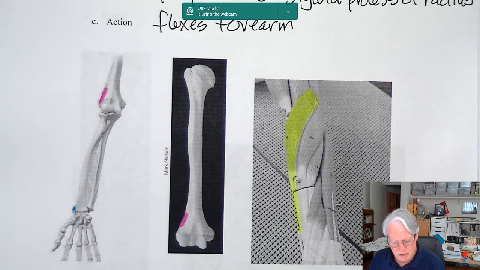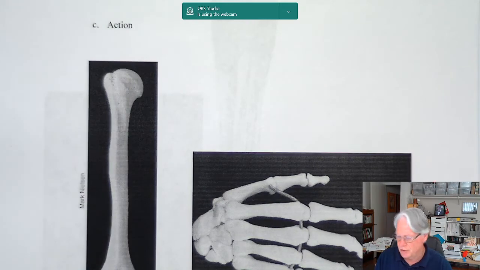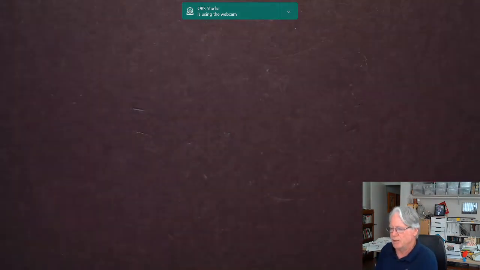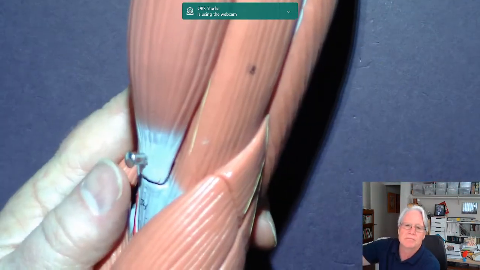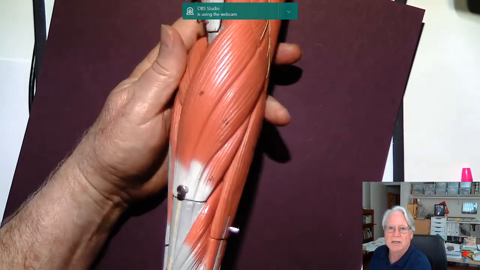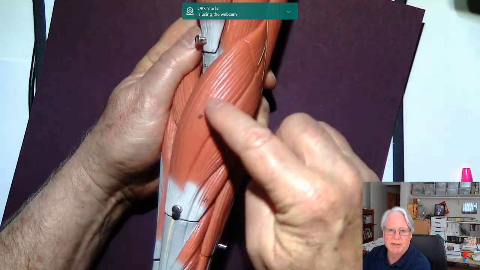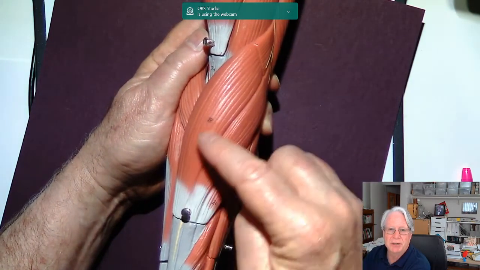Okey dokey. Let's move on. Now we're going to do, oh, I'm sorry. One more way to look at that muscle. So this is the muscle that we just highlighted in our picture, brachioradialis.